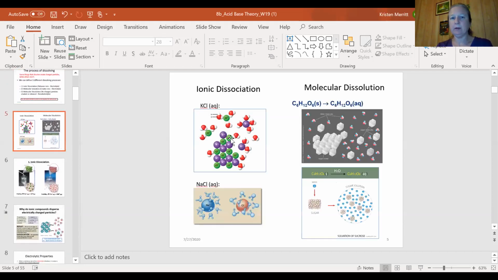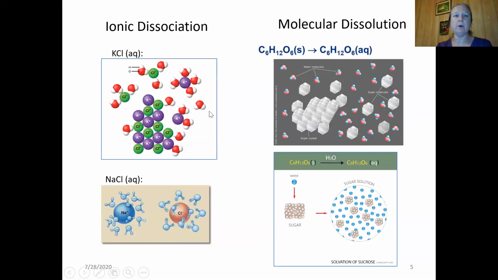So this video is just another picture of the different processes. Here's an ionic crystal, and the individual ions are being surrounded by water molecules according to the charge of the ion and the polarity of the water. Remember, water has a positive dipole moment, or two of them, and a negative dipole moment.